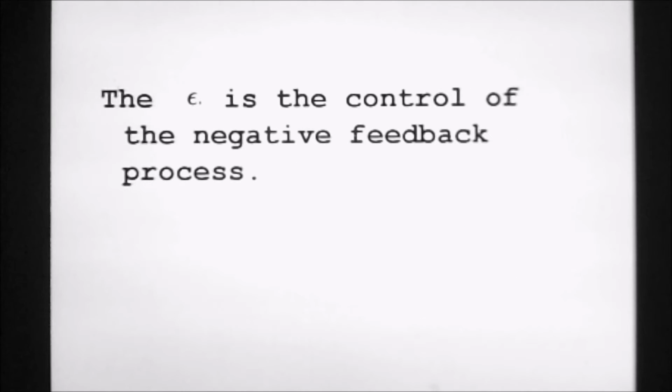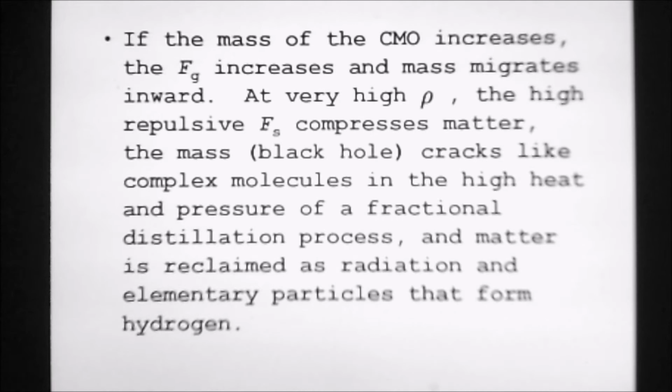The source strength is the control of the negative feedback process. If the mass of the central massive object increases, the gravitational force increases and mass migrates inward. At very high rho, which is close to the center of the galaxy, the high repulsive surface force compresses matter.